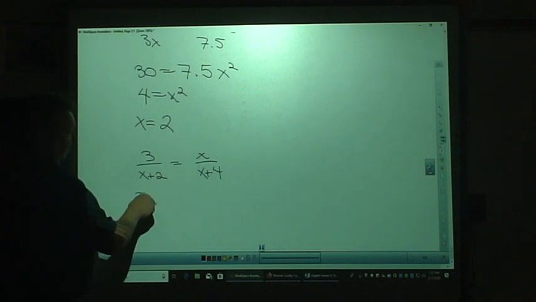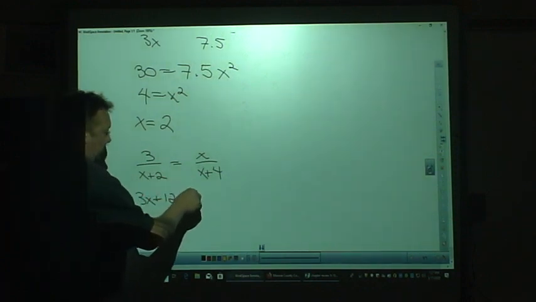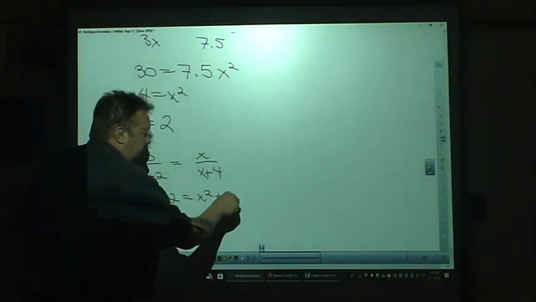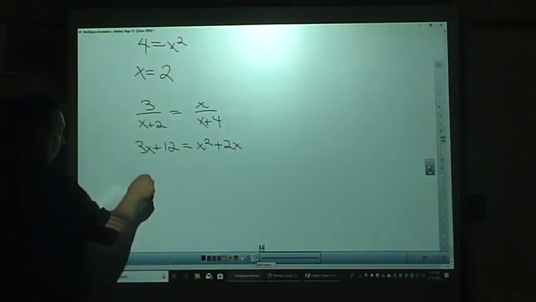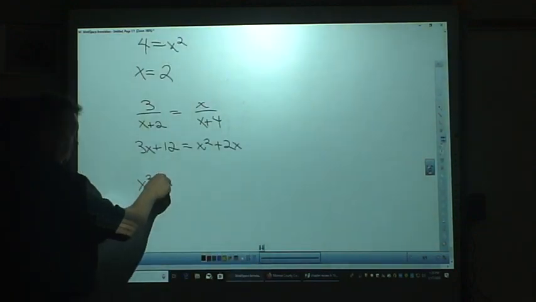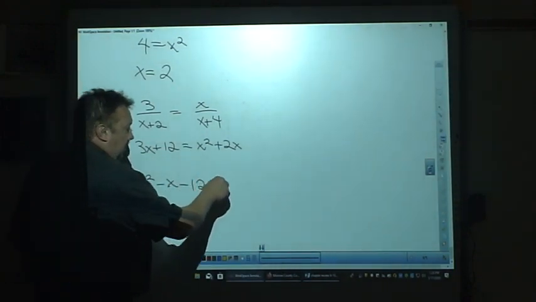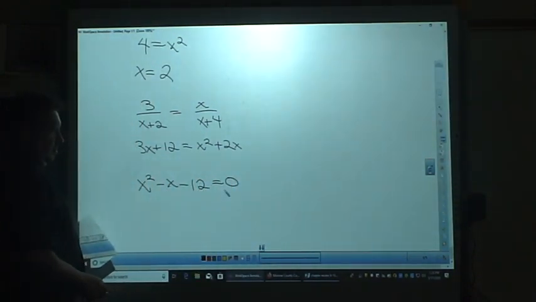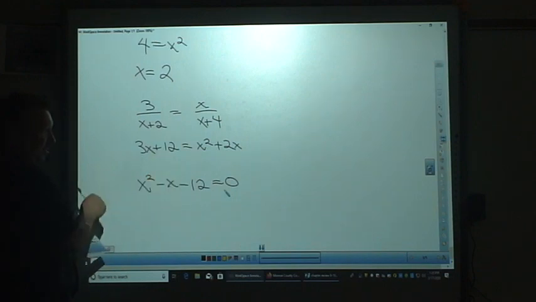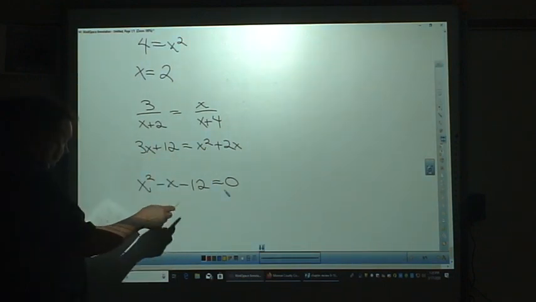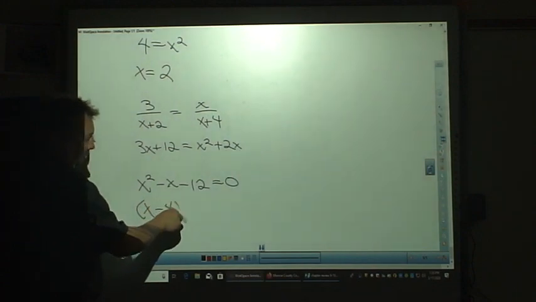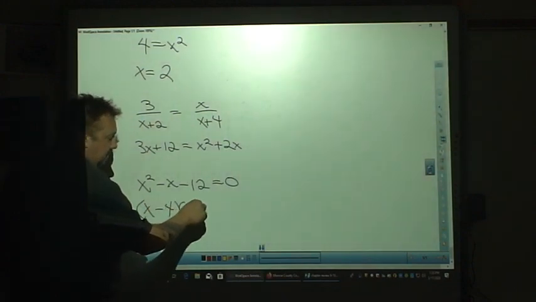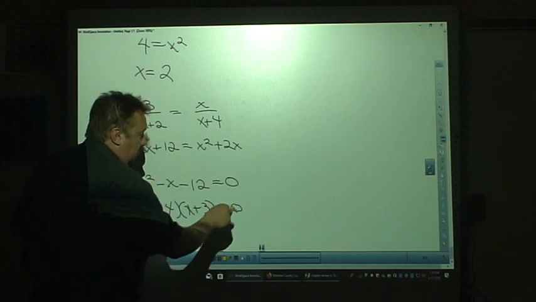We'll get 3x plus 12 equals x squared plus 2x. I want to get everything on one side, so I get x squared minus x minus 12 equals 0. When I factor this, I'll have (x minus 4)(x plus 3) equals 0.